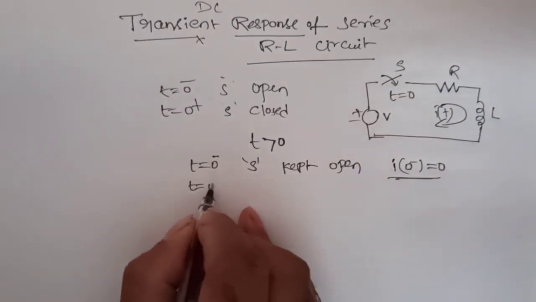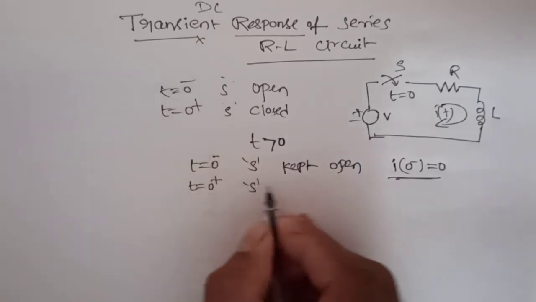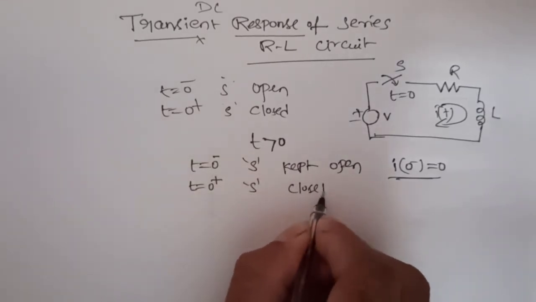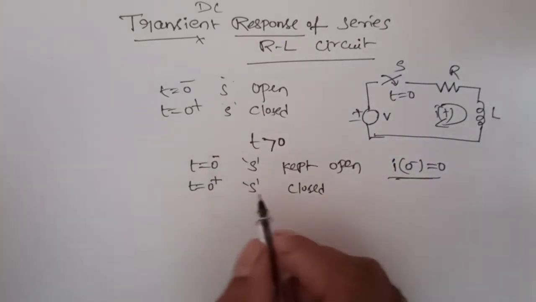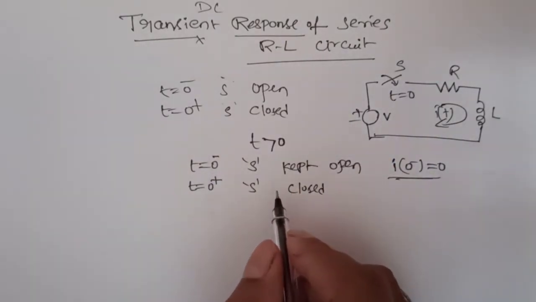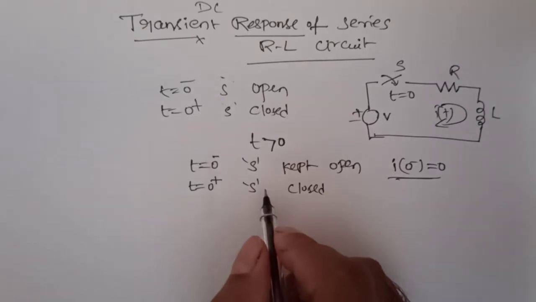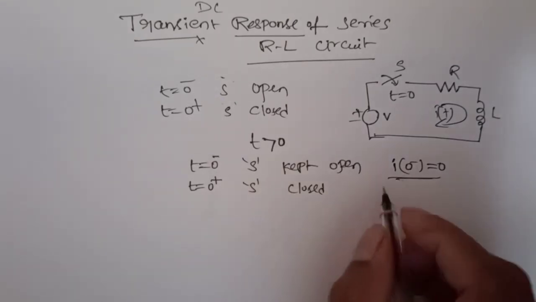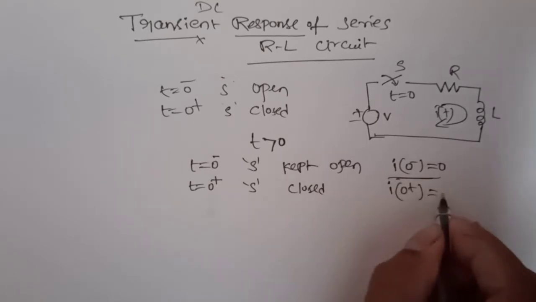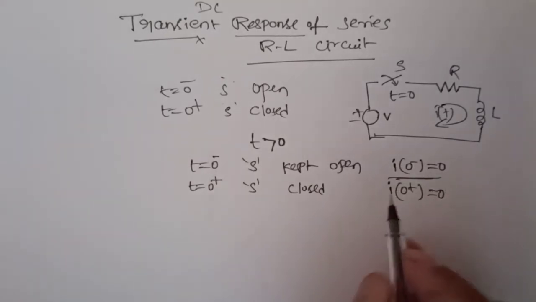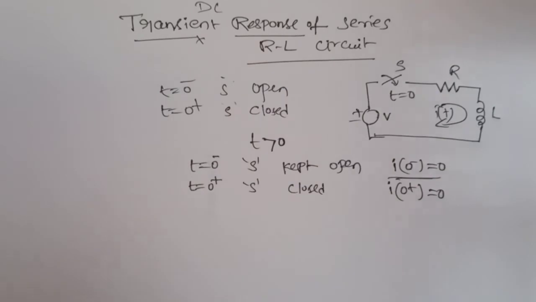So at t equal to 0 plus switch S is closed. T equal to 0 plus is nothing but the instant at which switch S is just closed. At that condition also we know that the current in the circuit is 0. Why? Because the inductor does not allow sudden changes in the current.